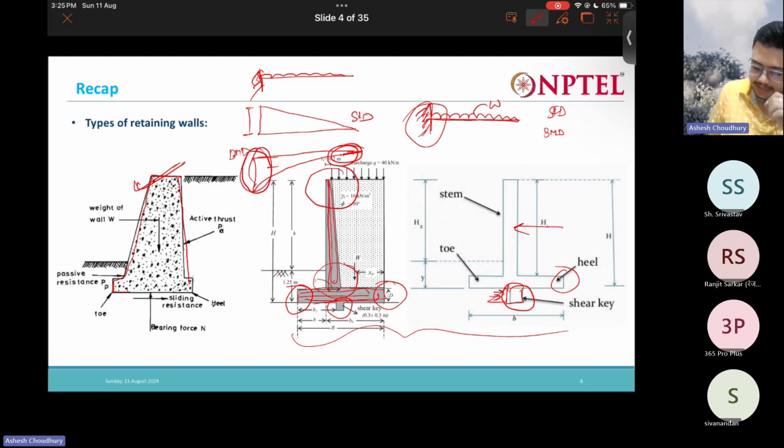That is the reason the width of the section is higher towards the bottom, and as we go up we can reduce the section size, because the demand of the bending moment is low there.